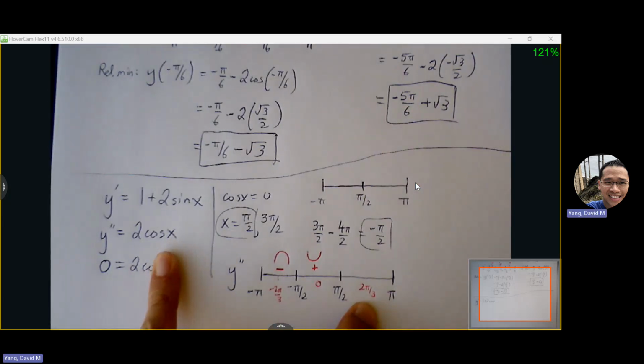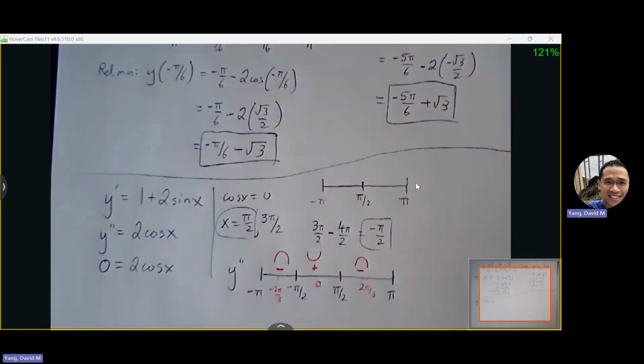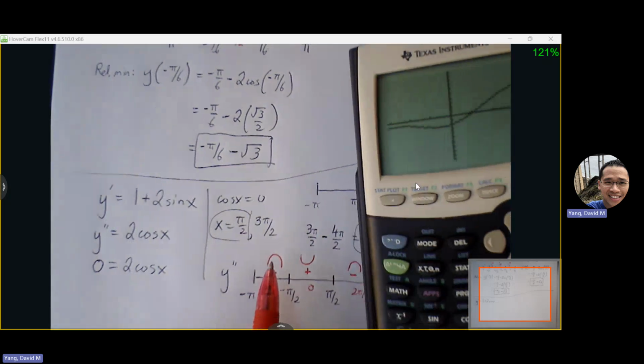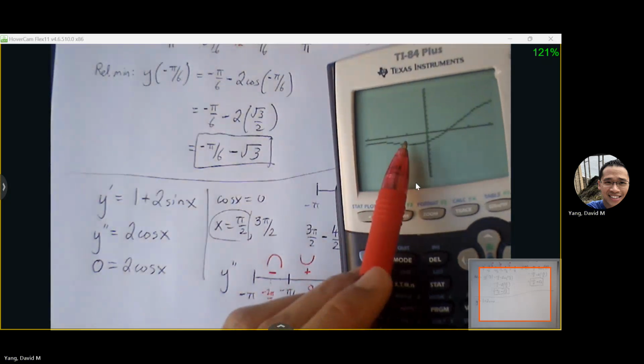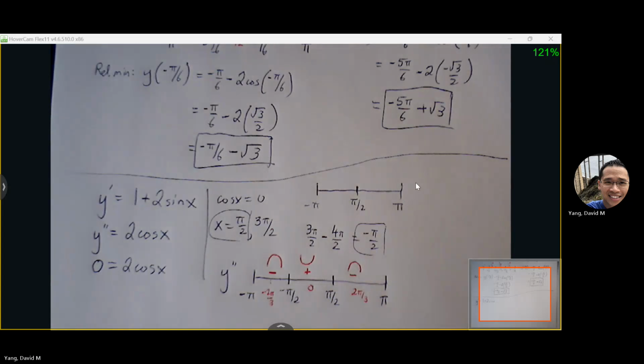Cosine 2 pi over 3 is negative. Second quadrant, cosine is negative. And this should match the shape of our graph that we've already created here. Right? Concave down, concave up, concave down. And so you will have your calculator to confirm everything that you're creating with your sign lines.